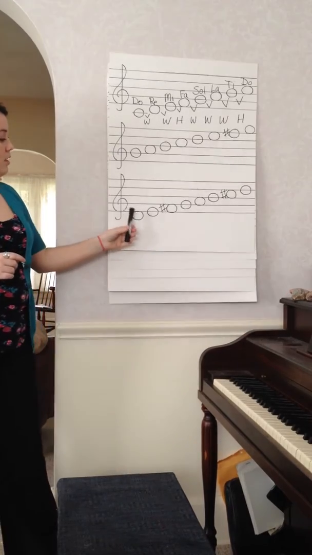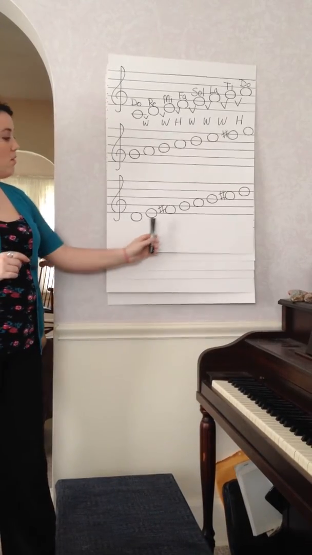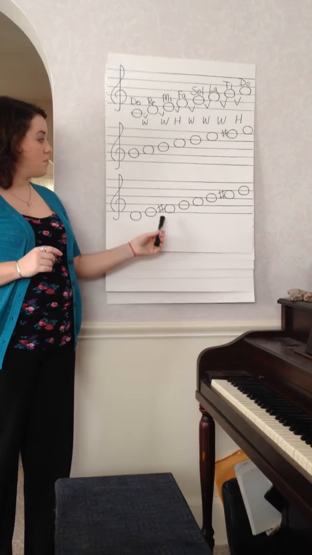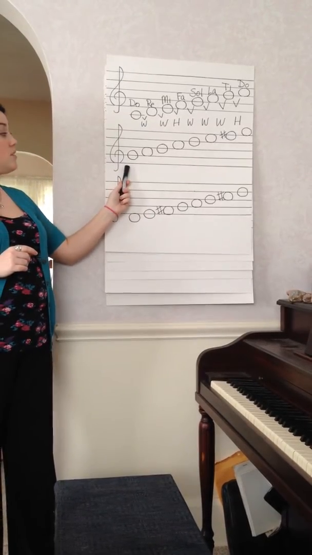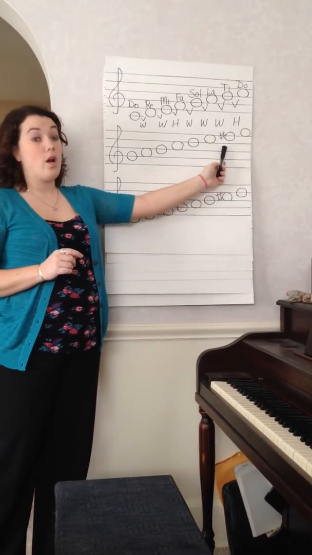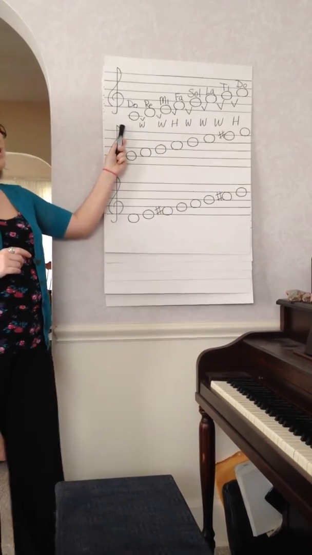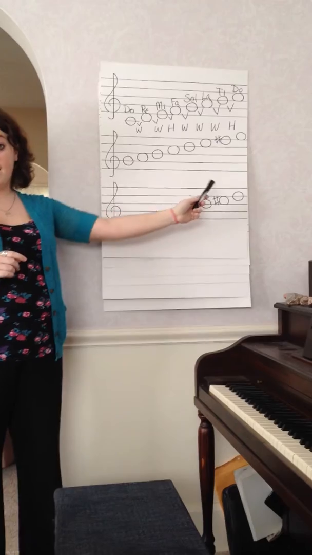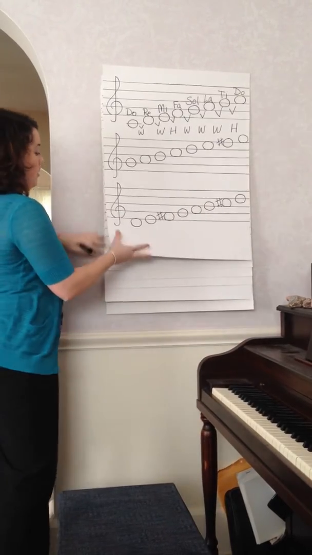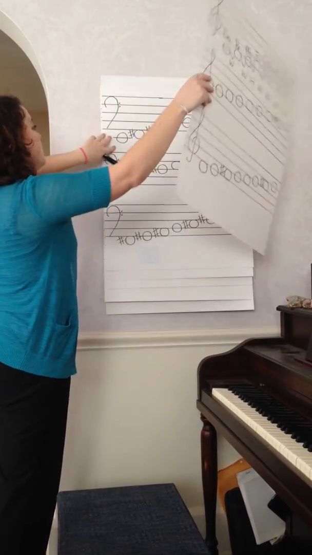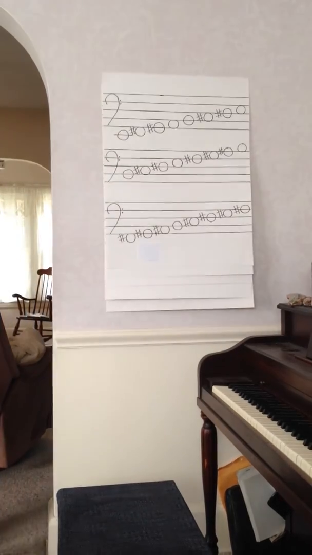So remember, D is the name of the scale and it has 2 sharps. G is the name of the scale and it has 1 sharp. C is the name of the scale and it has no sharps and no flats. So let's move on. We're going to look at a little bit of bass clef.